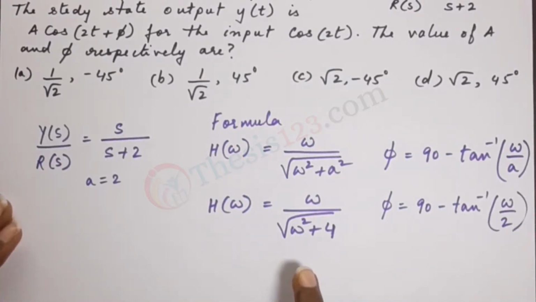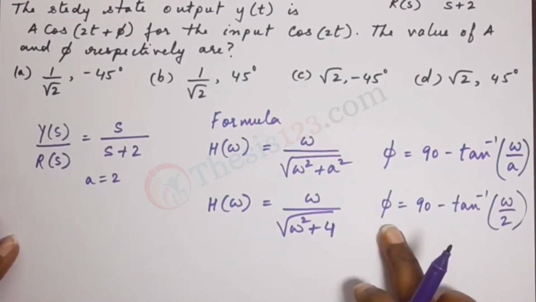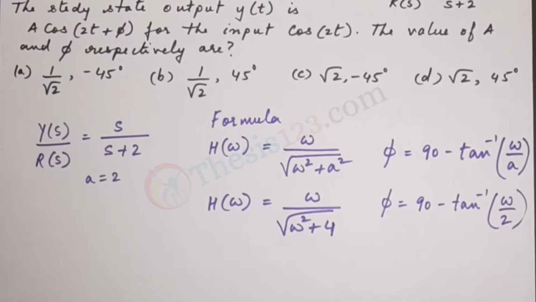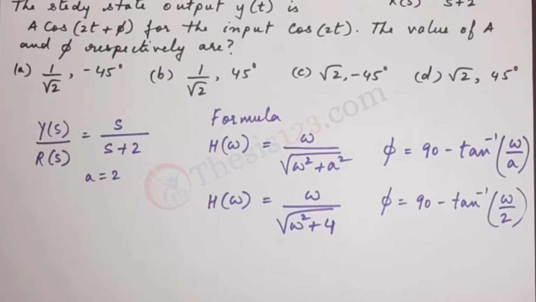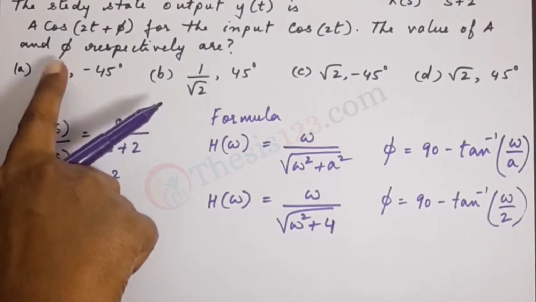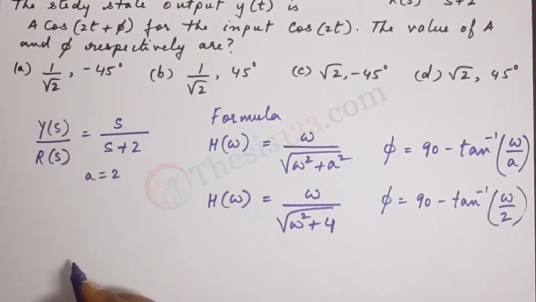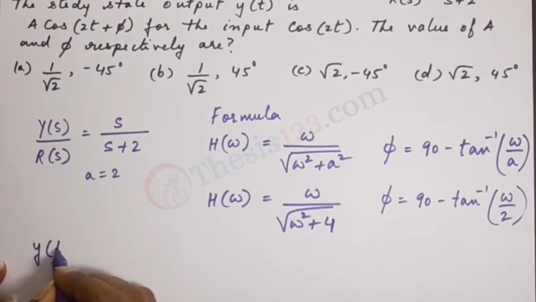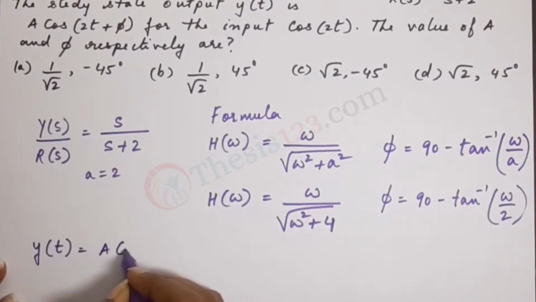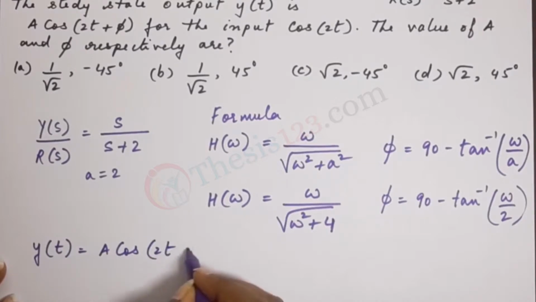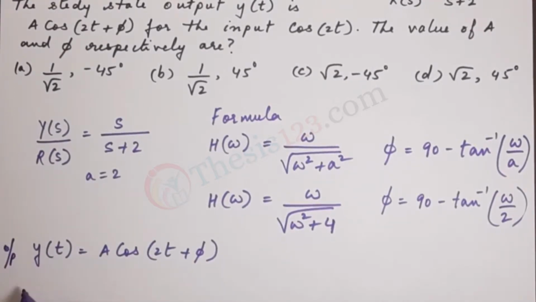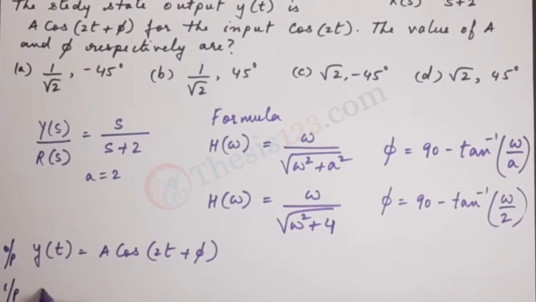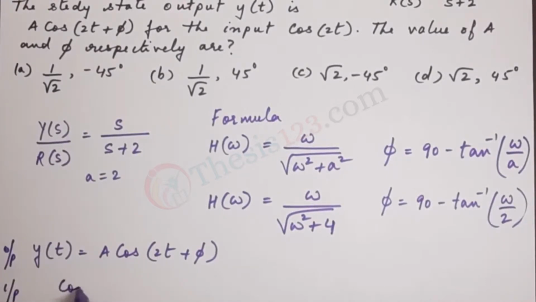Now in order for us to find out the value of phi, we need the value of omega. So let's go back to the output given. The output given is y(t) equals A cos(2t plus phi), and the input is cos 2t.